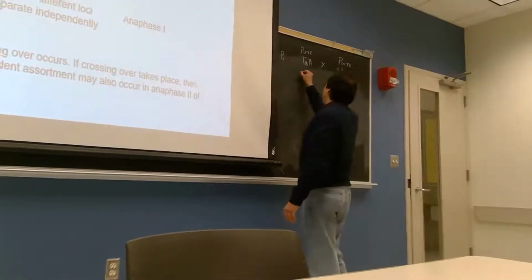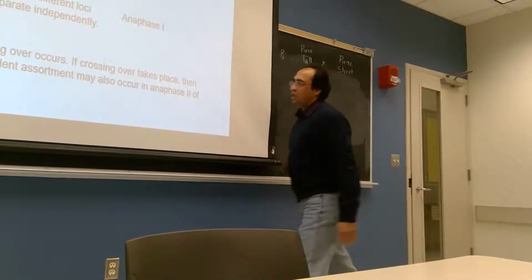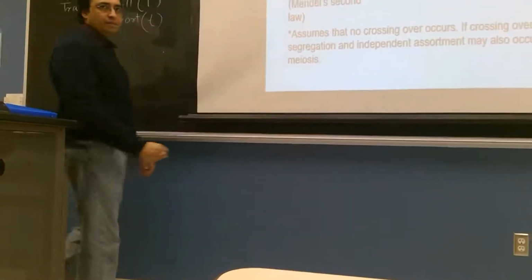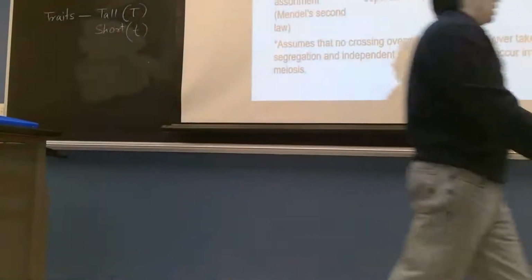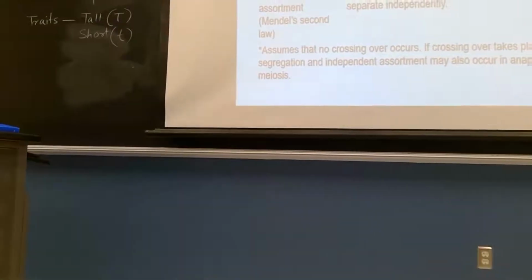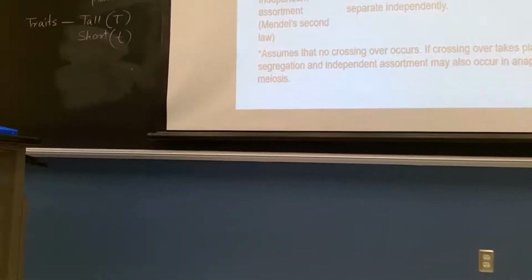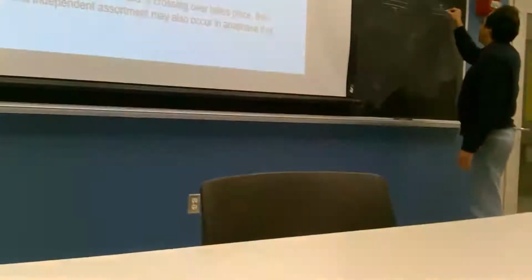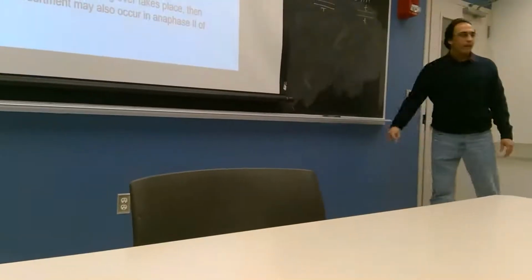So this is the tall plant. I took the genes for tall plant as capital T, and for the short plant small t. Okay. So the tall plant is pure tall, like this. And this is pure short, like this.